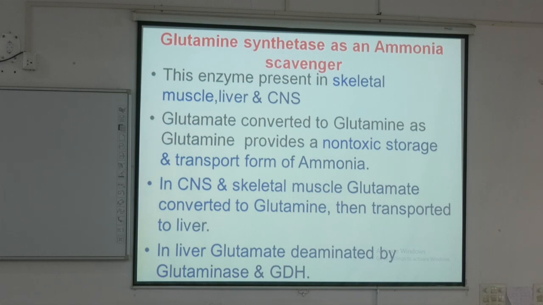In the central nervous system and skeletal muscle, glutamate is converted to glutamine, then transported to the liver.